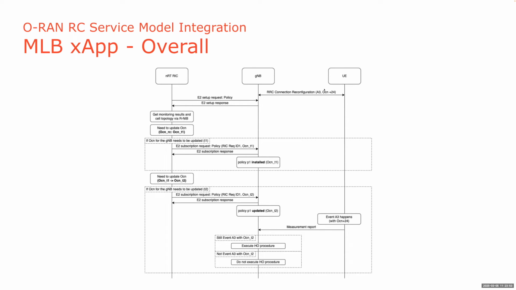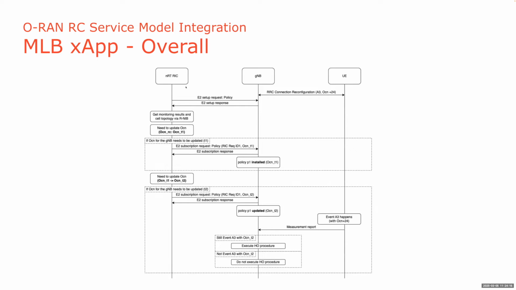And of course, the UE sends the RRC connection reconfiguration message or measurement report periodically. If it is connected, then this message comes in. Or if handover is required, then the UE will send the measurement report. I mean, if an A3 event, for example, happens, then the UE will send out the measurement report to the GNode B. So that is the major assumption.